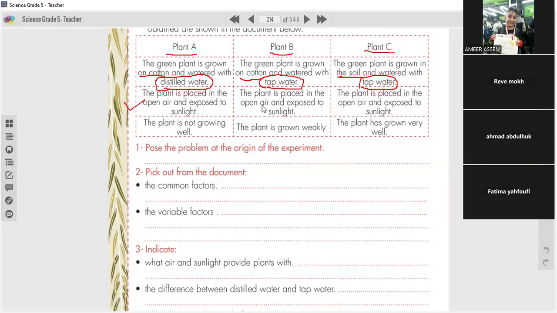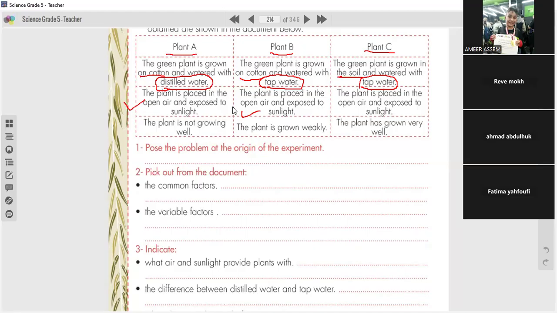The plant is placed in the open air and exposed to sunlight. Okay, what does it mean, Ahmad? Plant A and the plant B. Once you read this and this, what can you conclude here?